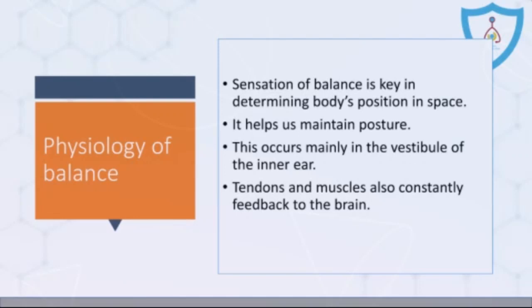That is what keeps us from falling off, and that is how somebody can somersault and still land in the right position without falling. So I urge you to look into the sense of balance and equilibrium more as you look at the inner ear. These sensations are carried by the vestibular portion of the vestibulocochlear nerve.